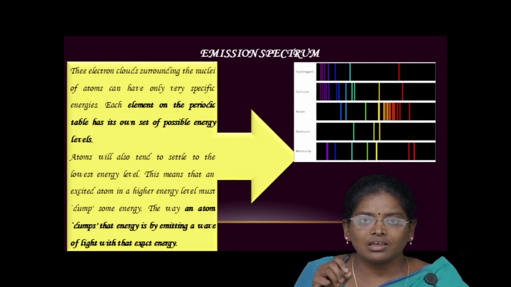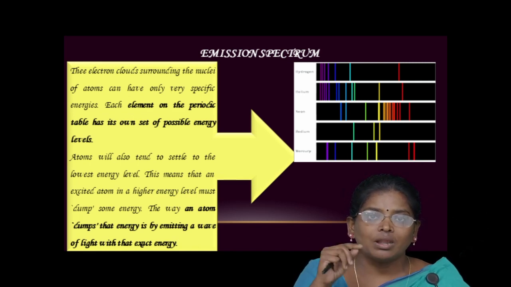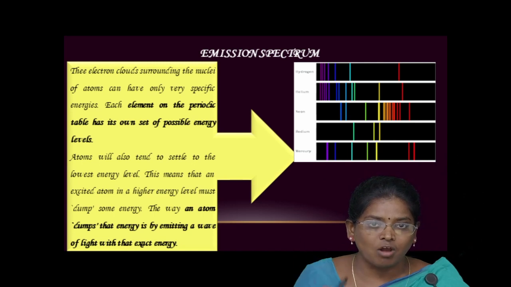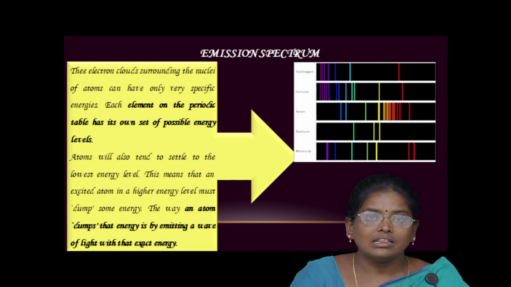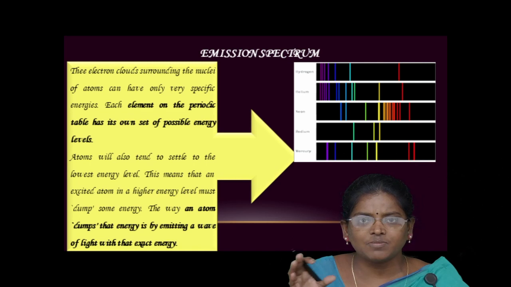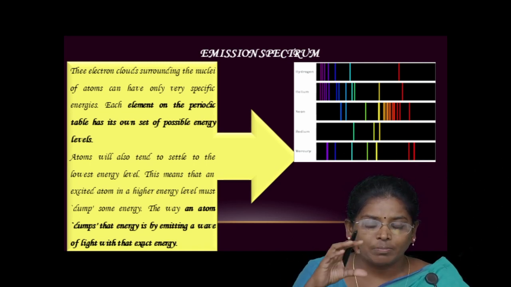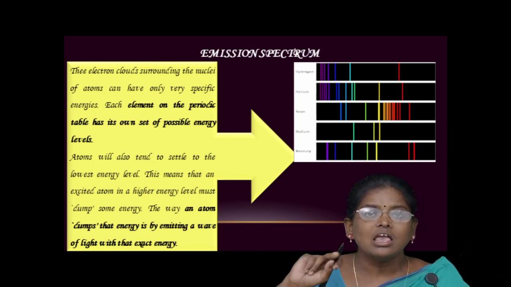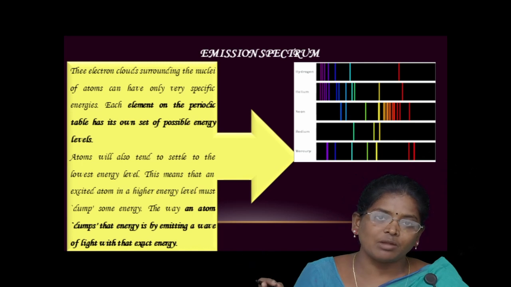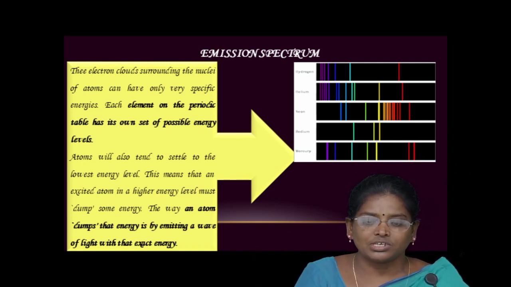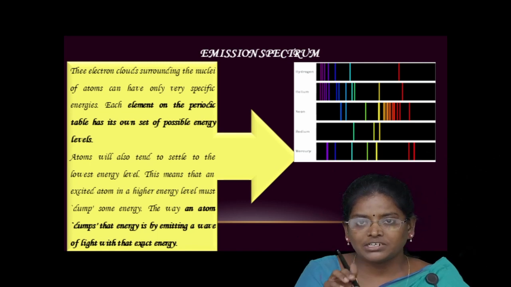The way the energy can be dumped is by the emission of electromagnetic radiation. Depending upon the energy difference between the ground state and excited state, the emitted radiation can be in the microwave region, X-ray region, or the visible region. The spectrum obtained in those cases will be the emission spectrum.